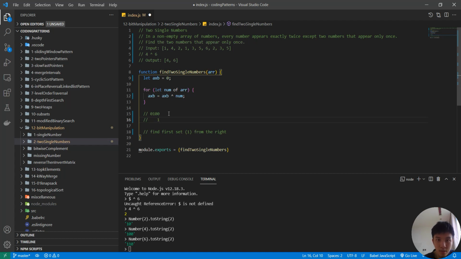This will produce 0, because 0 AND 1 is 0. As long as it still produces 0, we shift to the left.